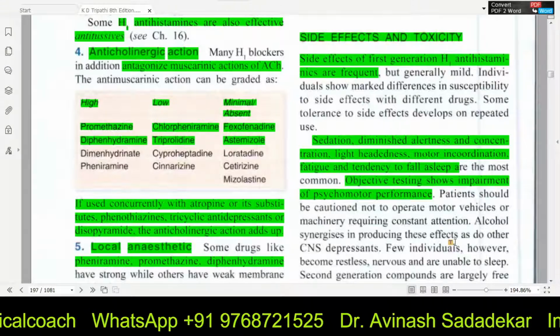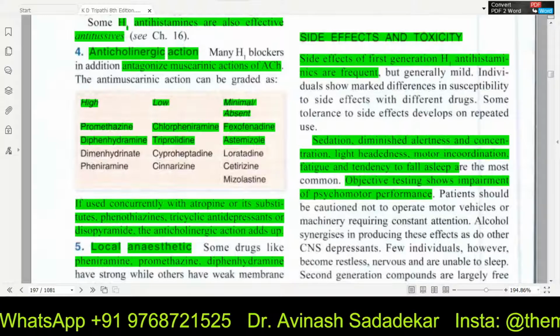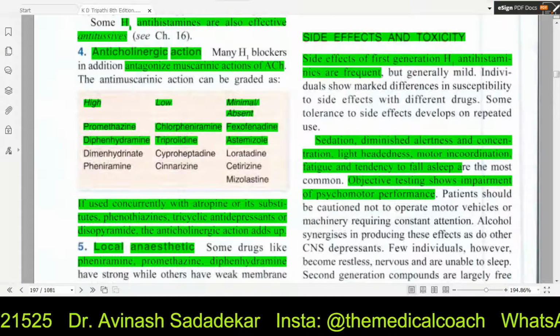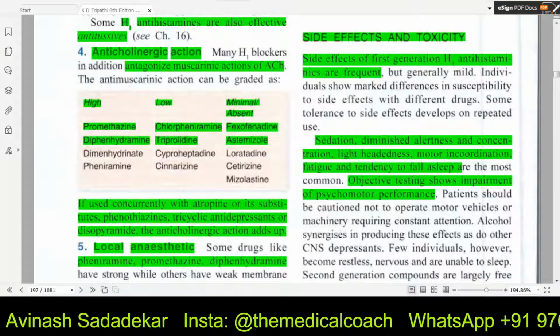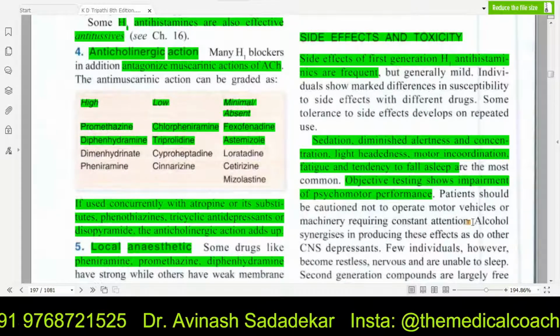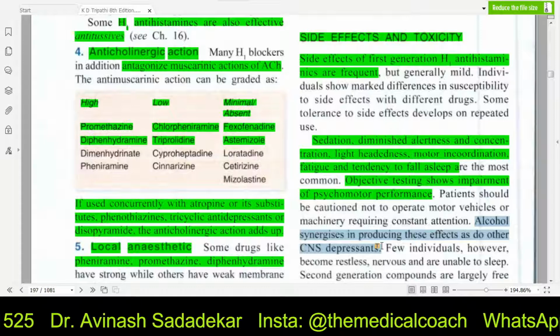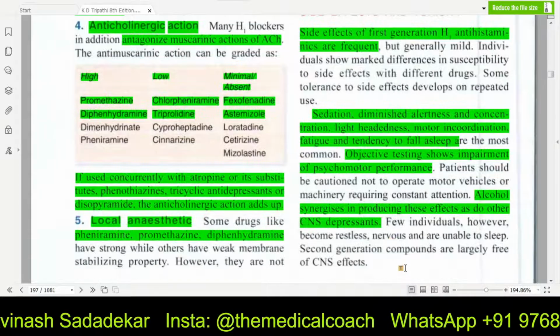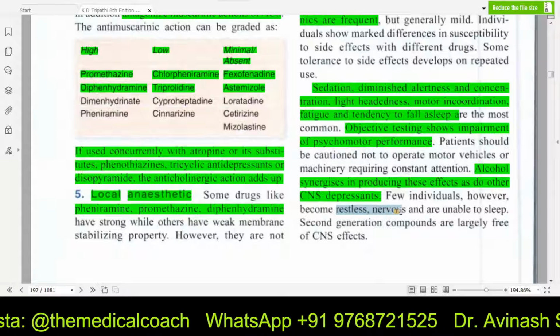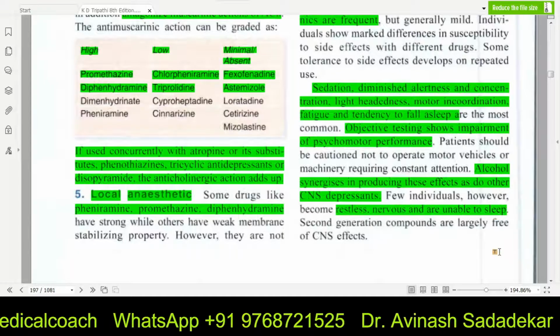Simple, easy till now. Fantastic. Now what you need to understand is that alcohol synergizes with the antihistaminics, which means the CNS depressant action will become exaggerated, so be very careful. But you also know that some people become restless, nervous, and unable to sleep, so both extremes are possible.